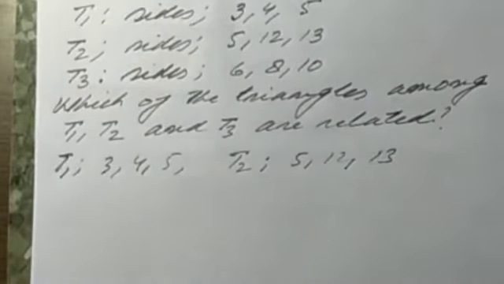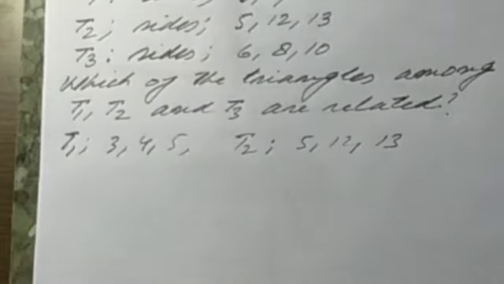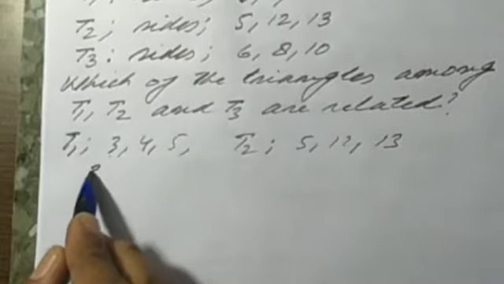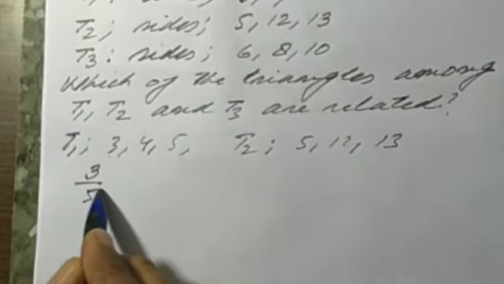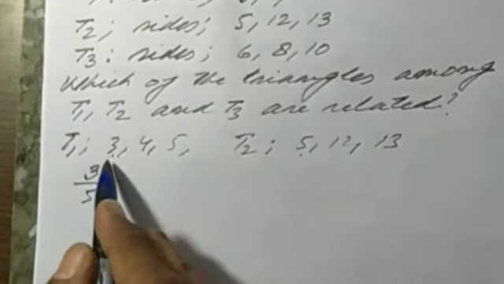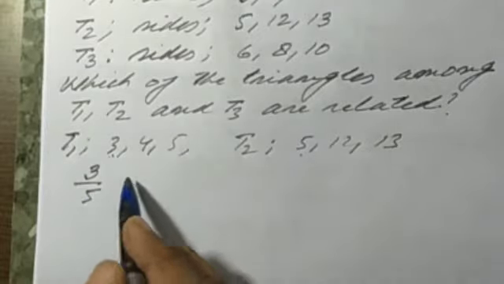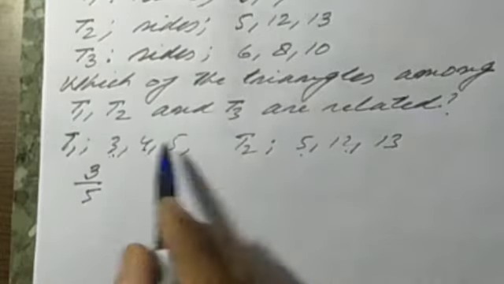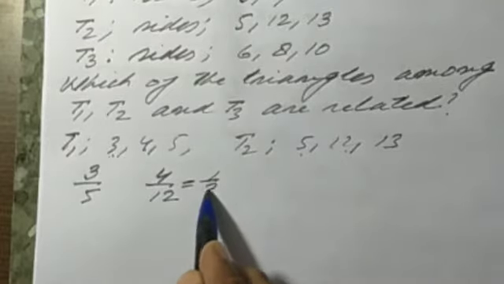So as we know, if two triangles are similar to each other, their sides must be proportional. So if we take the ratio of the first two sides, we get 3 upon 5, and if we take the ratio of the second two sides, 4 upon 12, which is equal to 1 upon 3.